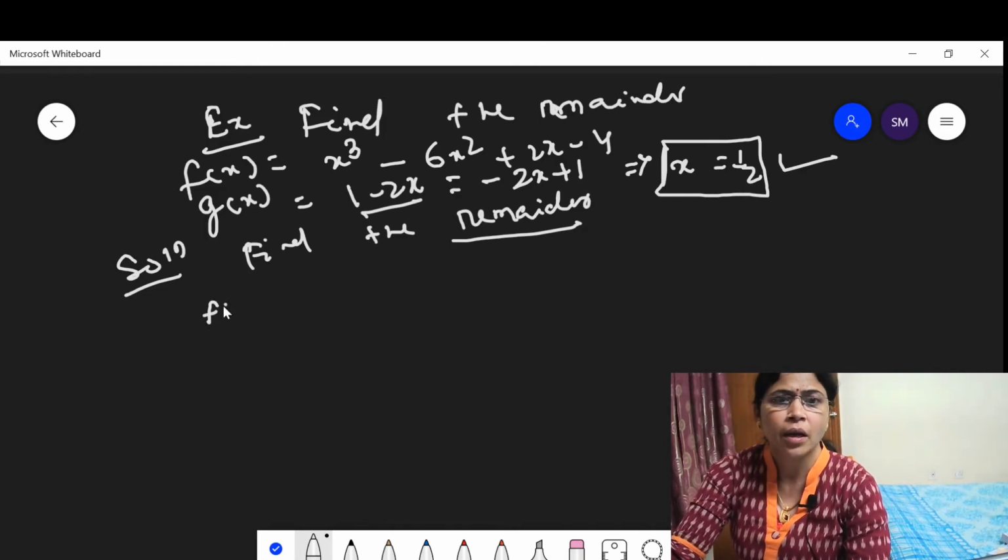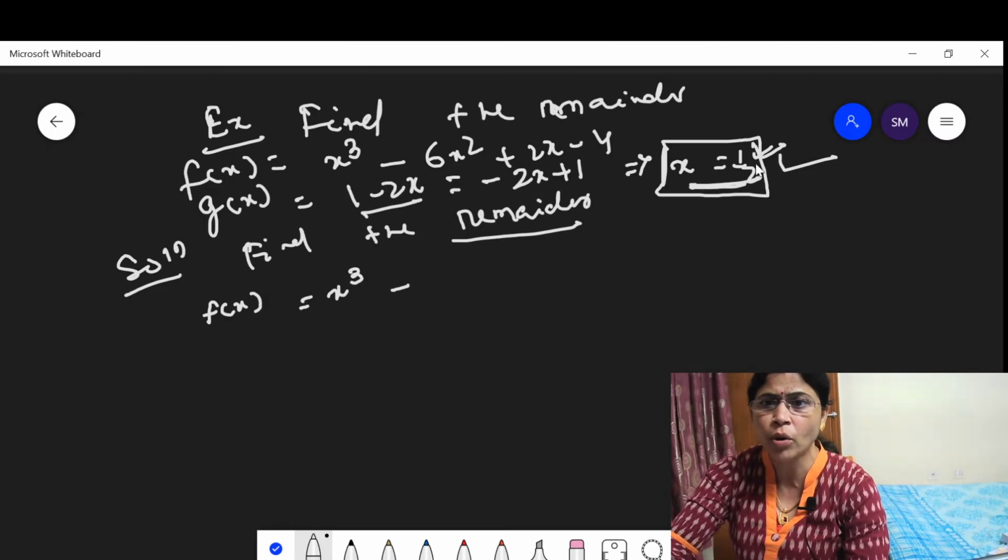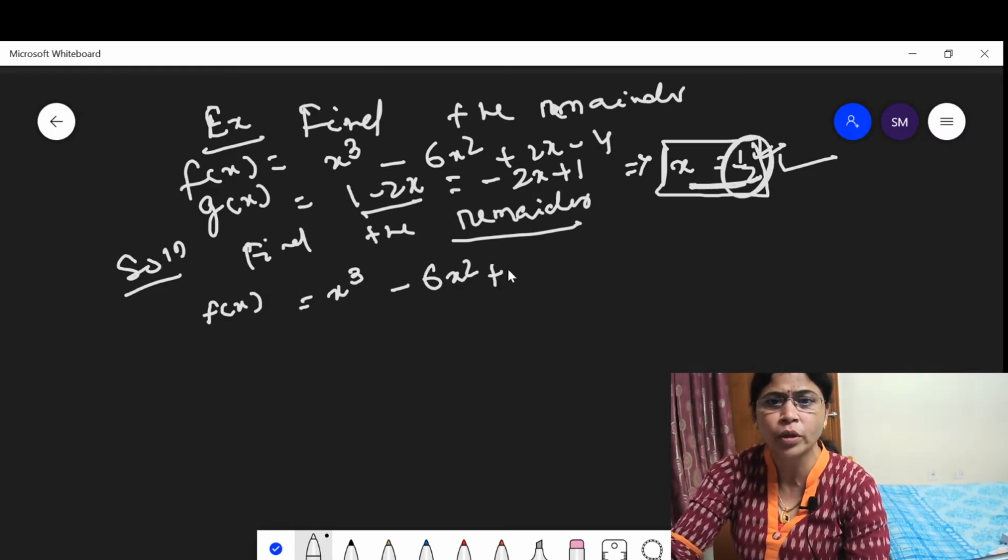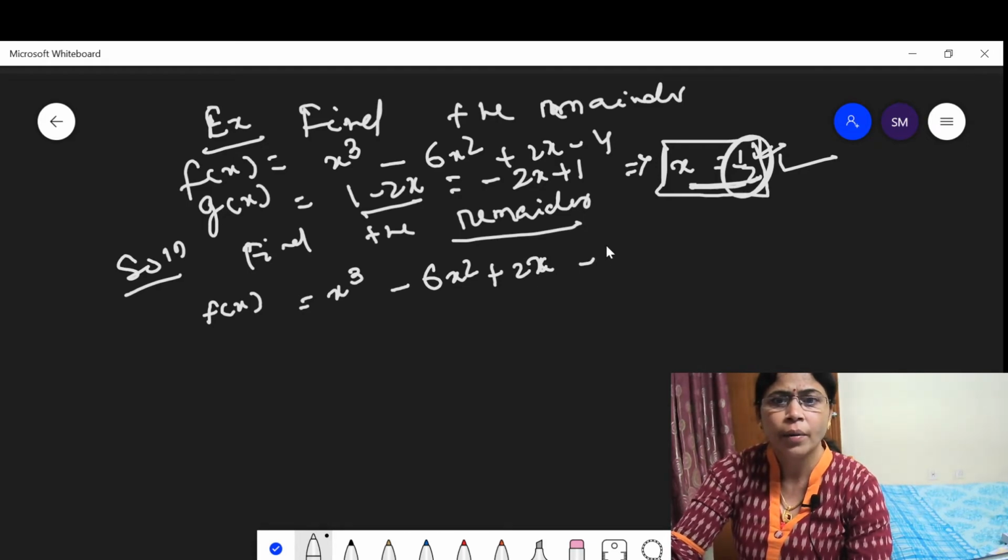Then f(x) is equal to x cube, then x equal to half, put the value of x equal to half. Then by applying the remainder theorem we can get the remainder.